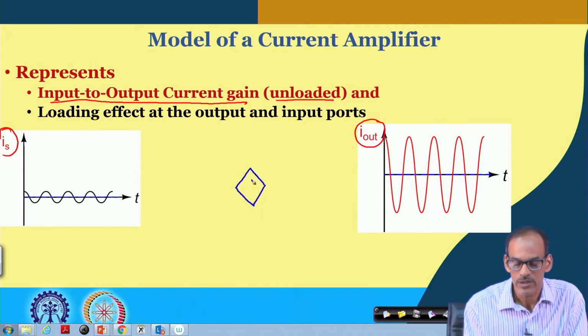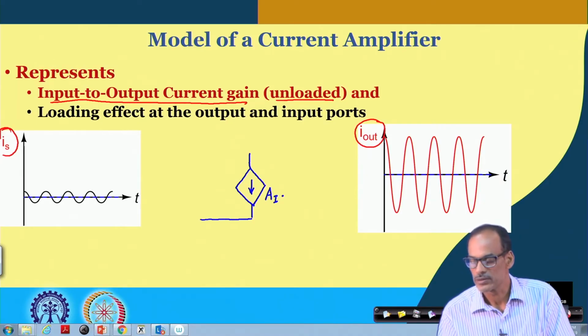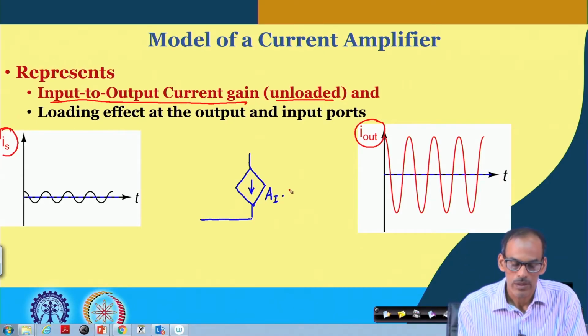If I say the gain of this amplifier is A_I, then the output unloaded current should be A_I times the input current, I_in.